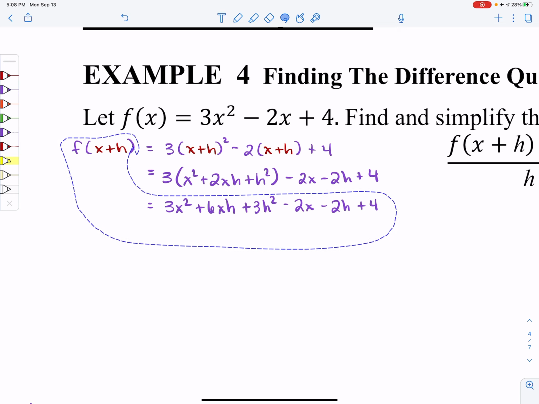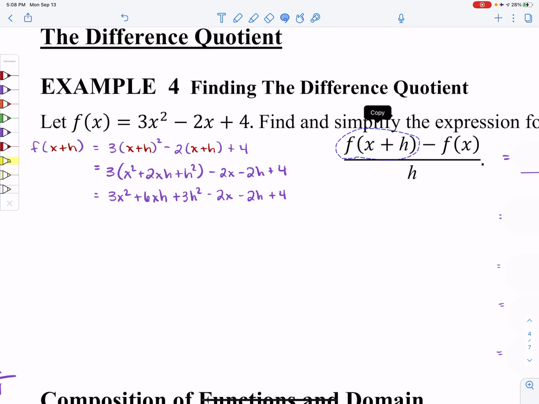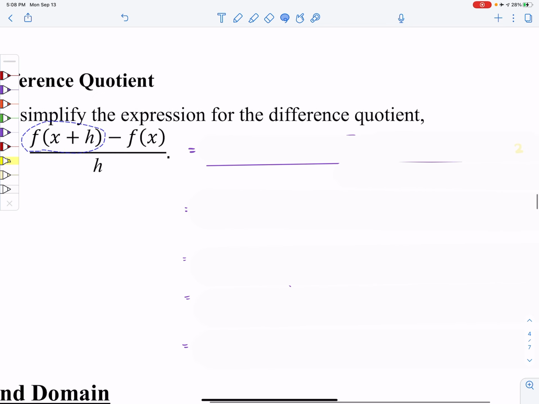Okay. But that's nice because now that I know what f of x plus h is, I can take it and plug it in for this guy. So that's exactly what I'm going to do first. I'm not going to do any math except for I'm going to plug in what I just found for what's circled right now. So let's go over to the right side of the page.